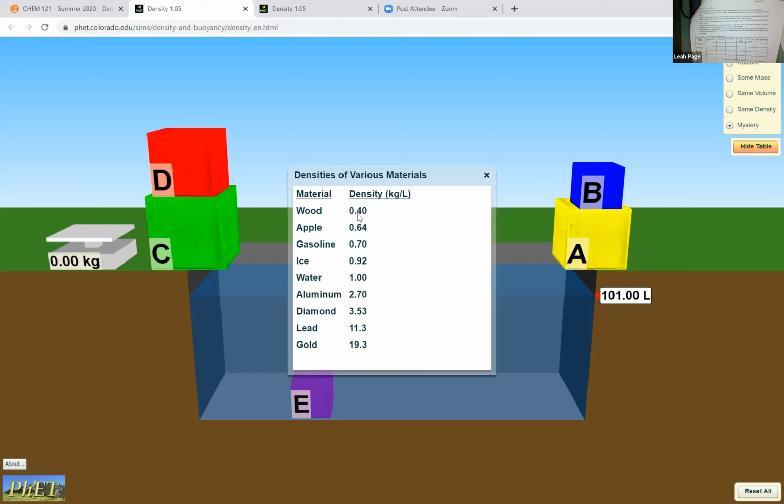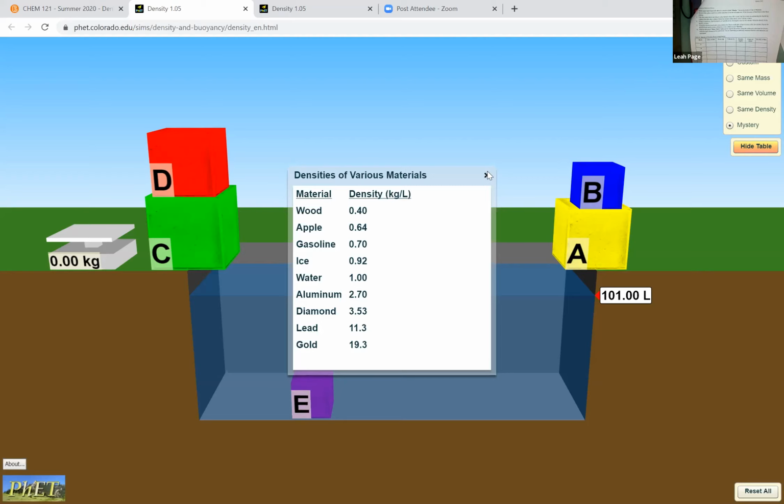Write down the one that matches up with your density. So when we calculate the density of E, we should be able to find what the block is and just write down the identity of the block. Does that make sense, guys? Yes. Okay, all right.